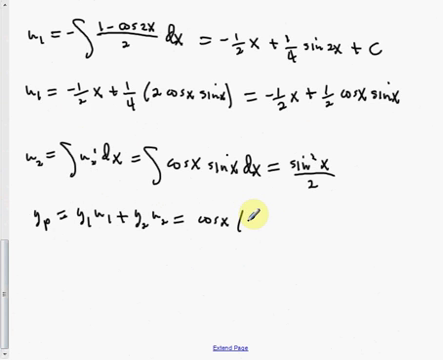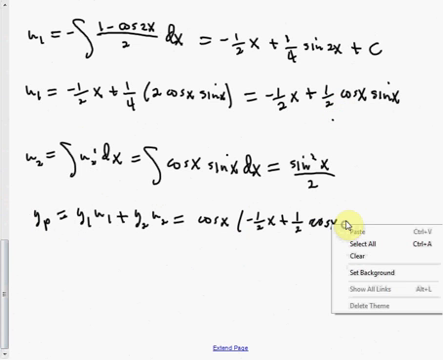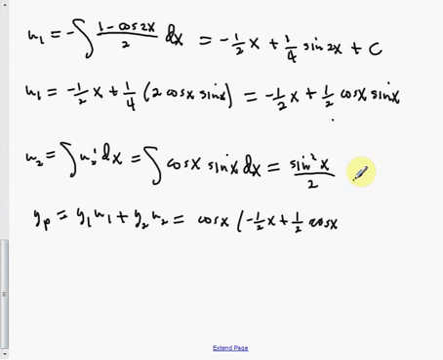So it's times negative 1/2 x plus 1/2 cosine x sine x. Then that's plus y sub 2, which is sine x, times u sub 2, which is sine squared x over 2.